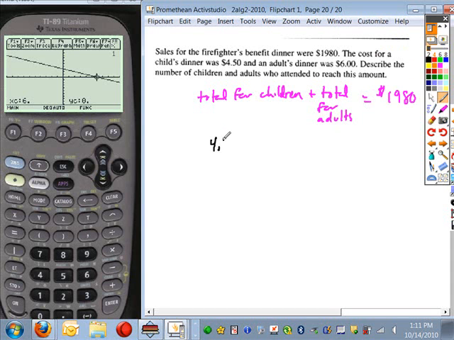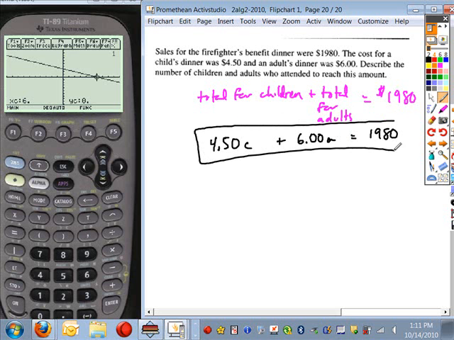It's $4.50 per child. So if we call children represented by the letter C, and how much is it per adult? 6 per adult. So we know that that has to equal 1980. And so this would be the equation that allows you to find this relationship.